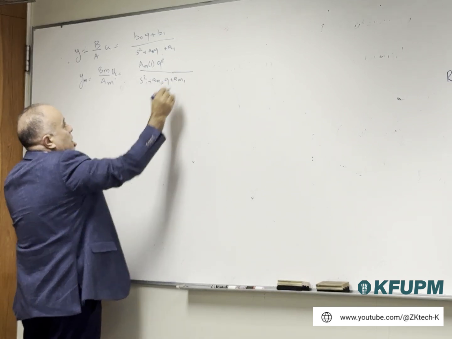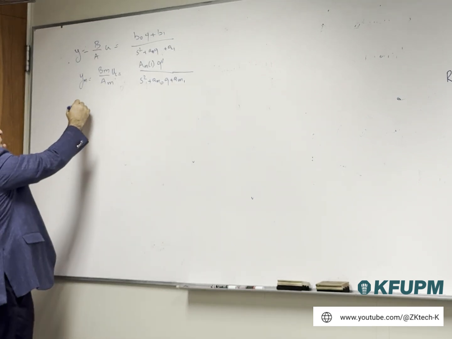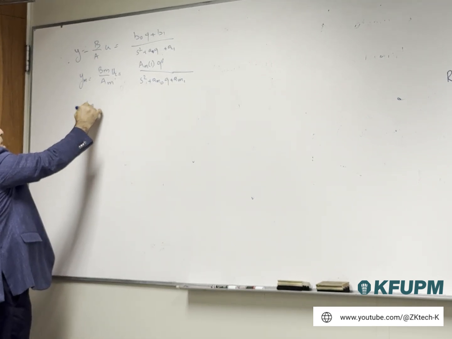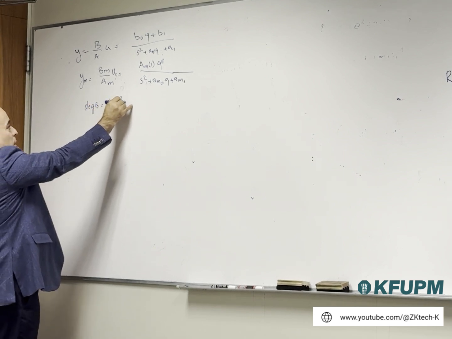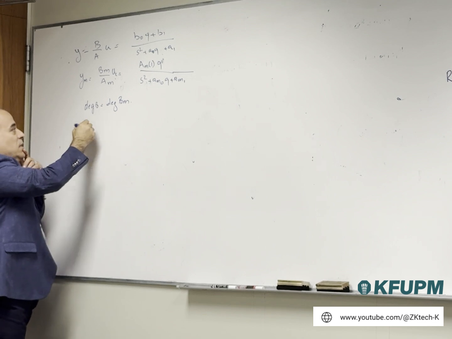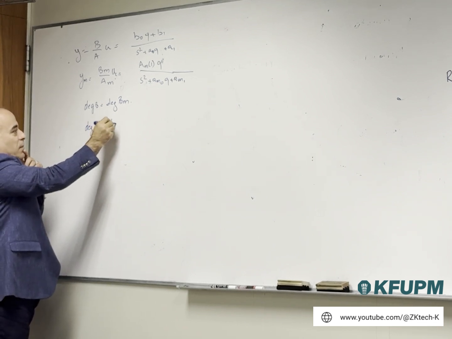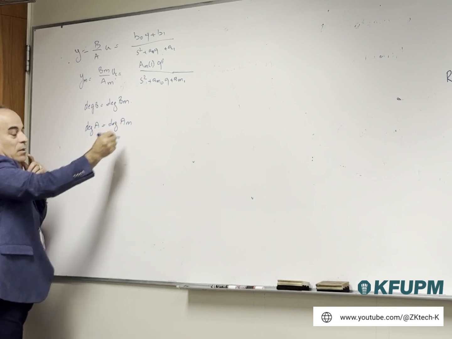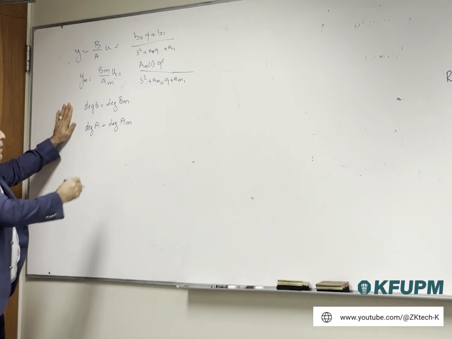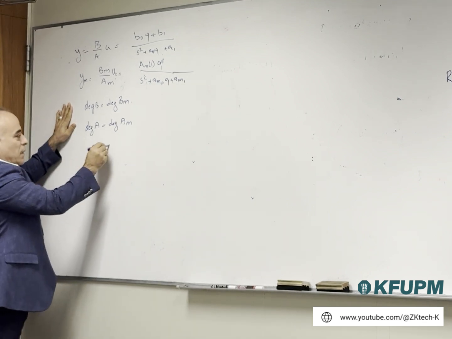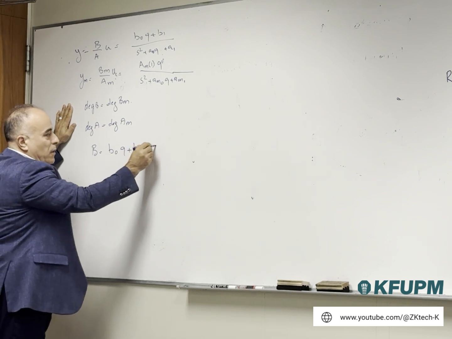So this is our reference model that we have selected. In terms of compatibility degree, we have degree of B equal to degree of Bm. This is the first compatibility condition that I checked. Degree of A is equal to degree of Am. This is also done based on our preference. Then we look at the value of B, which is equal to B0 times Q plus B1. And then we computed the zero.